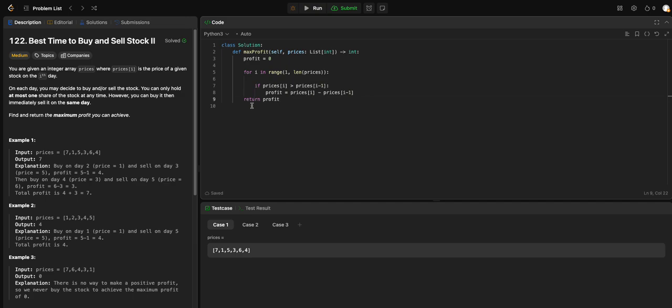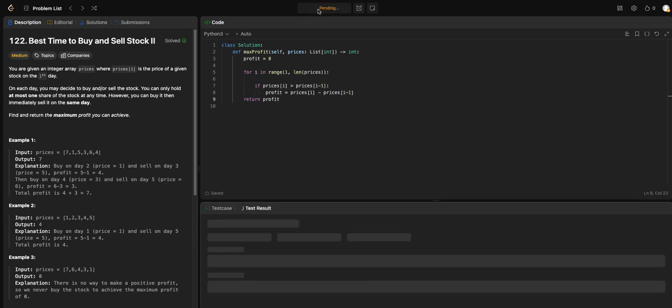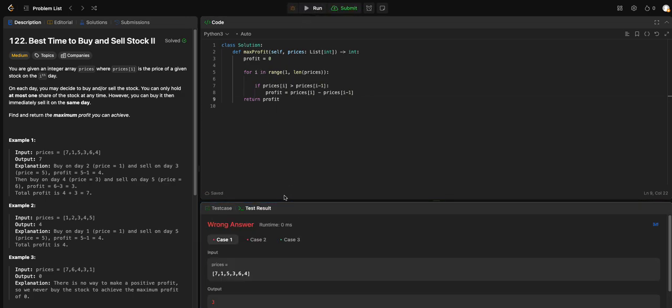Okay, very simple solution. Let me check what I missed. For prices, if price i is greater than price i minus 1, the loop goes to the length of prices.